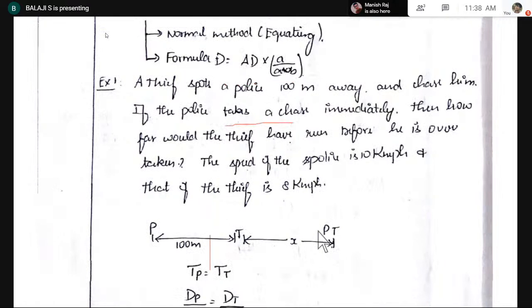A policeman is here and a thief is here. The thief spots the policeman 100 meters away. Then the thief starts running. Definitely the thief won't run in this direction; he will run in the direction away from the policeman. The thief runs at a speed of 8 kilometer per hour.